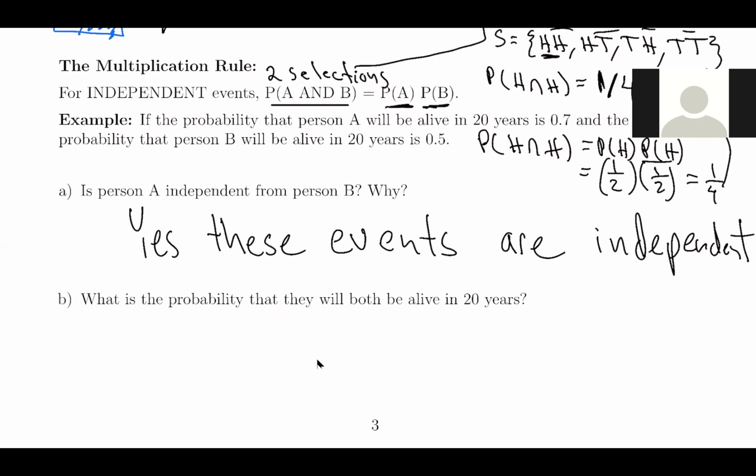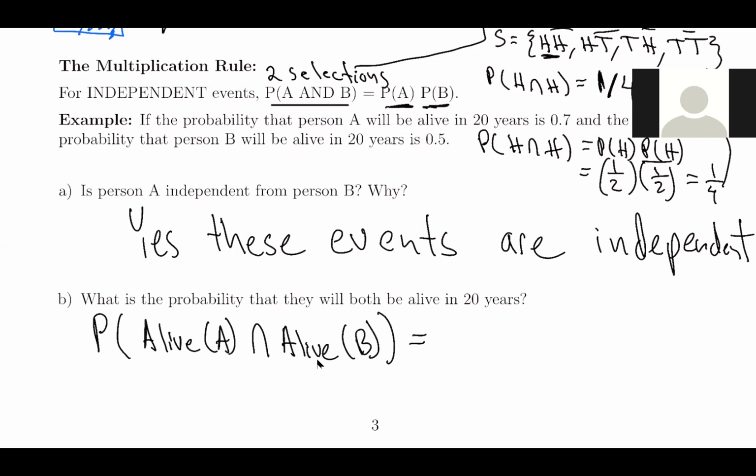So let's do B. For B, it says, what is the probability that they will both be alive in 20 years? So we want person A to be alive in 20 years, and we want person B to be alive in 20 years. All we have to do is get the individual probability for both of these persons and just multiply them.